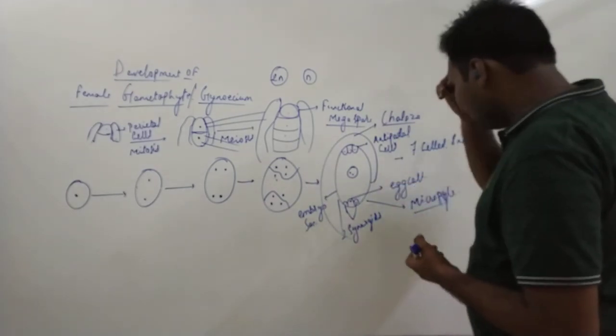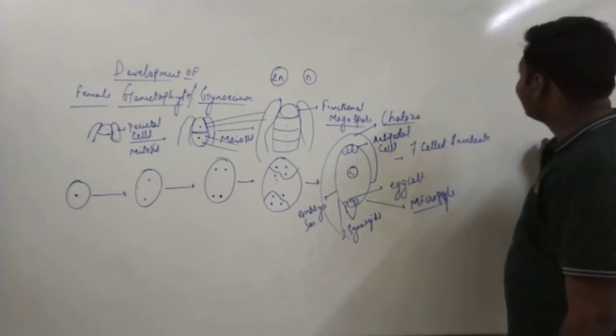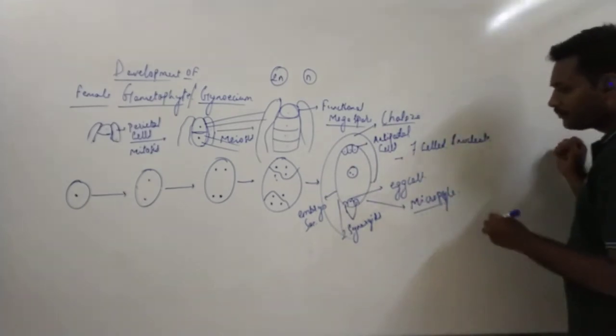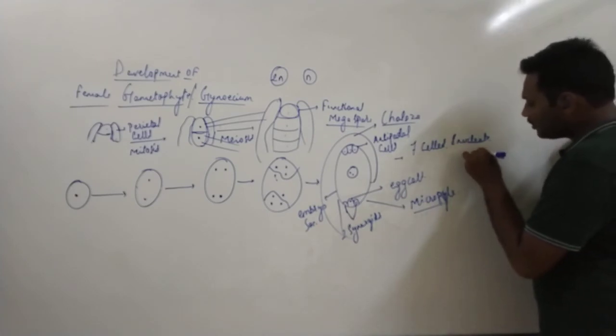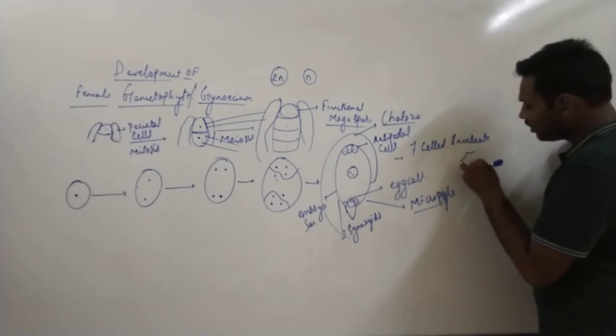Now here, let's see the role of the exine and intine of the pollen grain. I'll draw the structure of the male gametophyte again. It consists of an outer spiny layer and an inner smooth layer, with germ pores.